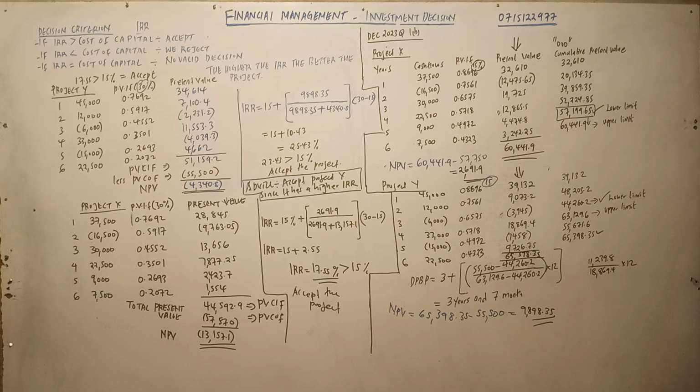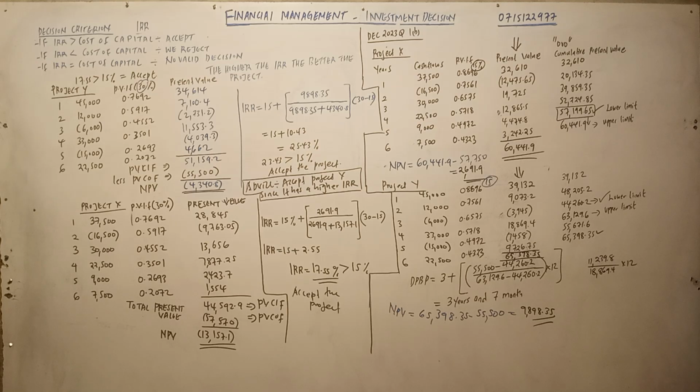Now let us see some advantages and disadvantages of those models. We shall start with the advantages and disadvantages of the payback period, then go in that order that we did. So let us look at the advantages.